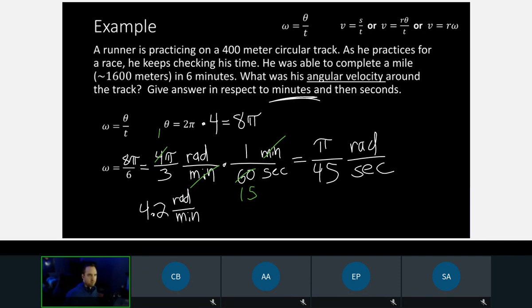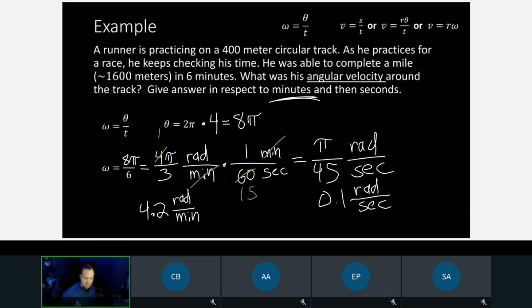And then everyone type in pi divided by 45, and what's our decimal value to one place? 0.1 radians per second.